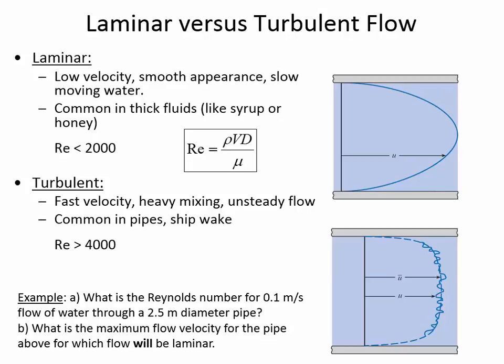The standard density for water is 1,000 kilograms per cubic meter. All right. The standard viscosity for water, unless something else is specified like a temperature, is 1 times 10 to the minus 3 newton seconds per meter squared. So that's the viscosity you can use when calculating the Reynolds number.